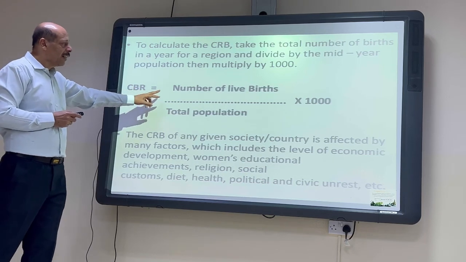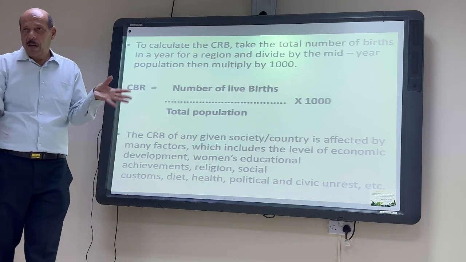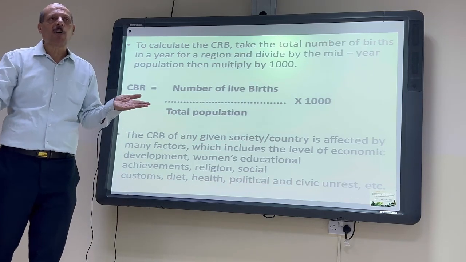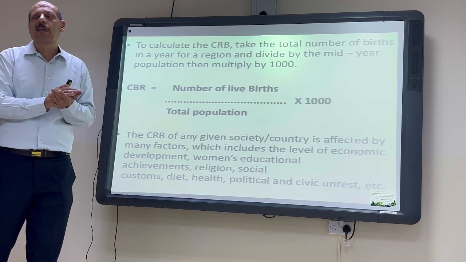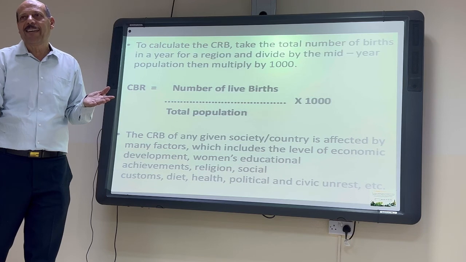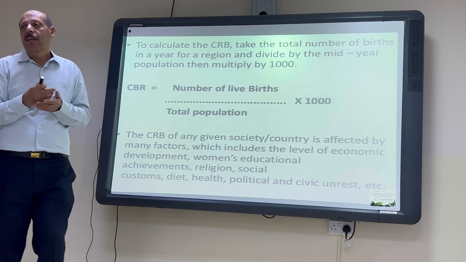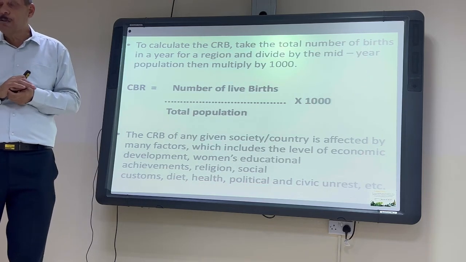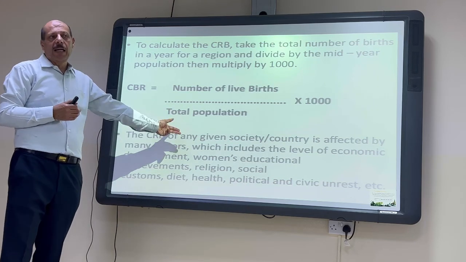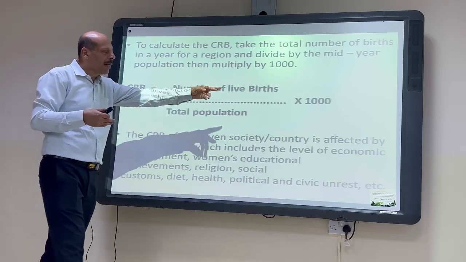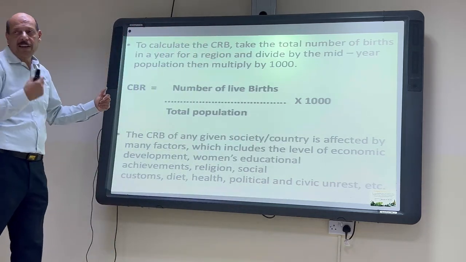So for the crude birth rate, let us say that here in Abraham, the number of live births during 2020 might be 2,000, and the number of population might be 64,000. So we divide 2,000 by 64,000, then multiply by 1,000. By that we will get the crude birth rate.